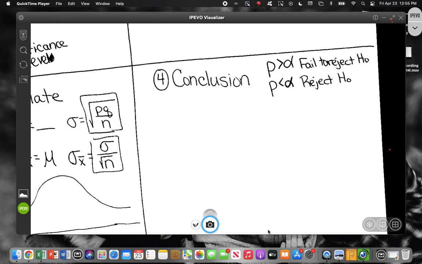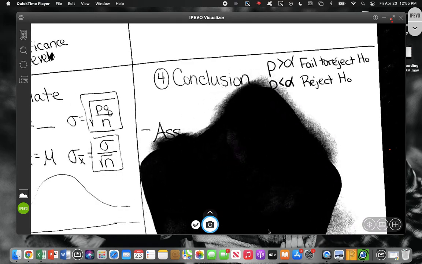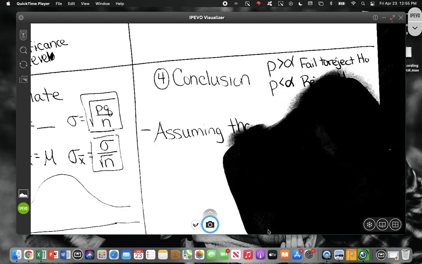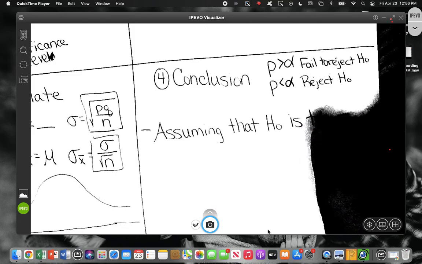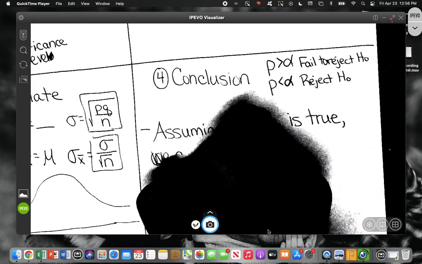And then once we decide if we're going to reject or fail to reject, we can write it in a sentence. And I'm just going to give you guys basically like a fill in the blank like we did with the confidence level one. So the first thing that we need to say is, assuming that the null hypothesis is true, or you would probably say I conclude.